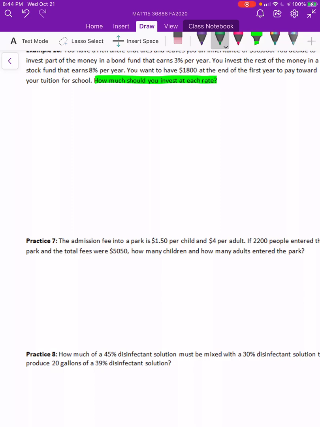So let's let x equal the amount that you're going to invest at 3% in the bond fund, and let's let y equal the amount that you're going to invest at 8% in the stocks.